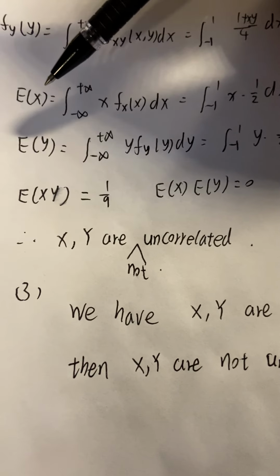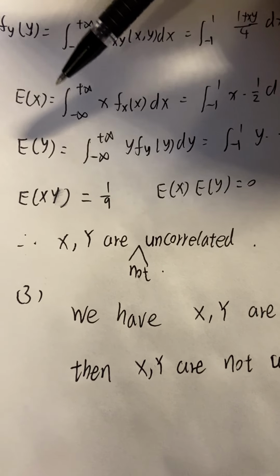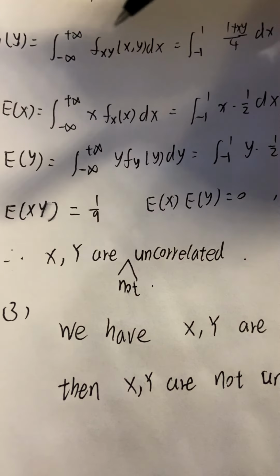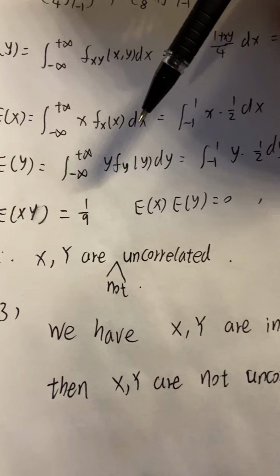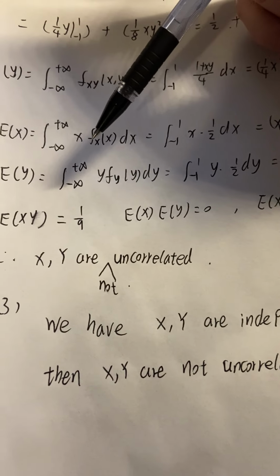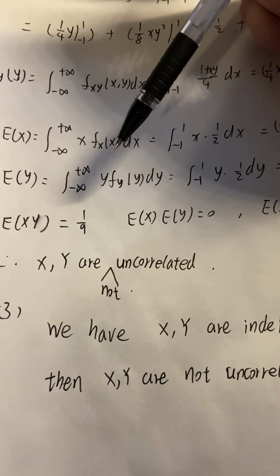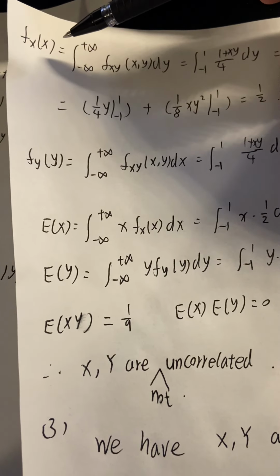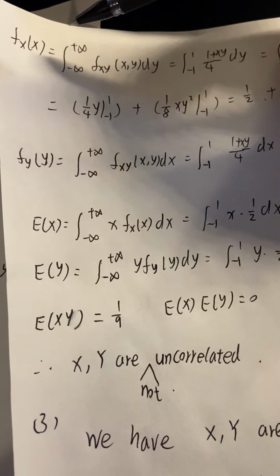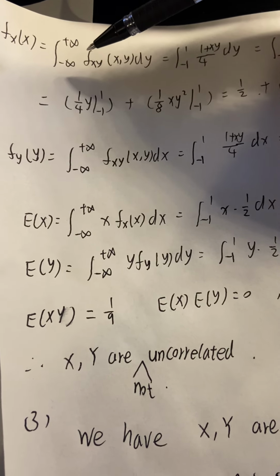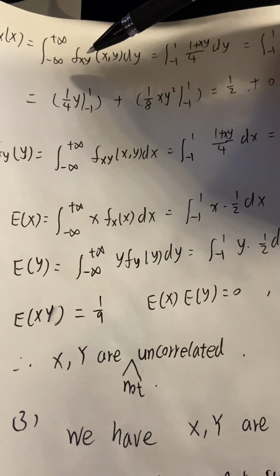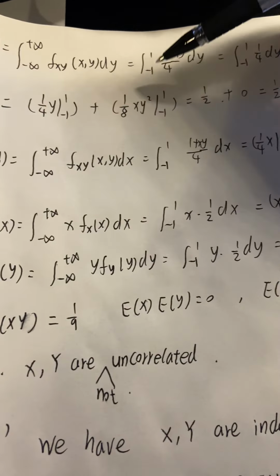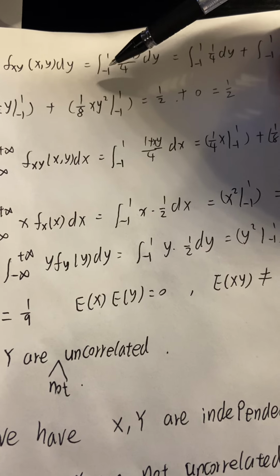We know E of X is the integral of x times the density function of x dx. So we need to find the density function of x. By definition, f of x is equal to the integral of the joint density function dy, where y is from -1 to 1.